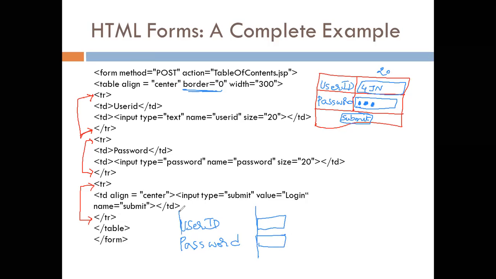Here also both of them will start here, unless we change the alignment to left, so this will remain the same. So this is the advantage of putting the HTML form inside a table.